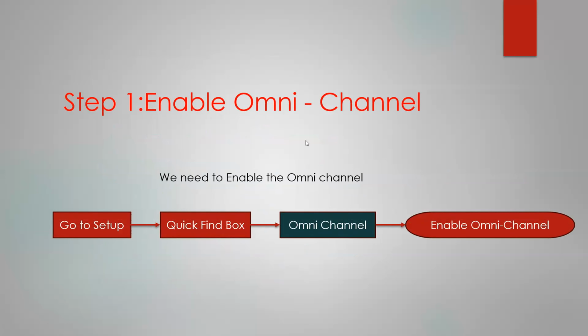So if it is a new org, you might not have activated the omnichannel. For that, what you need to do is go to setup, click find box, search for omnichannel and enable the omnichannel. I will show it.